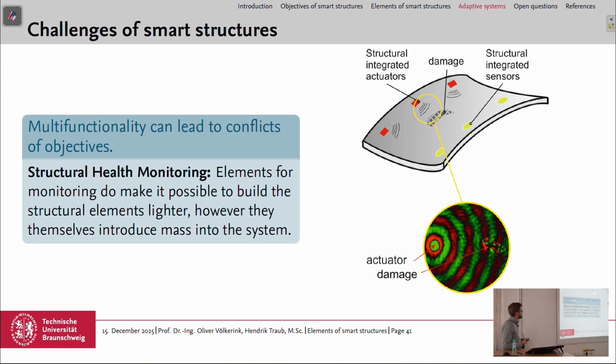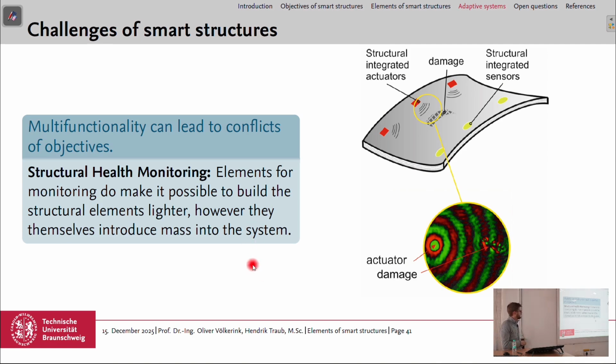Another trade-off or conflict in objectives is the multifunctionality. If you have a structure with an integrated structural health monitoring system, you can, at least in theory, build the structure lighter, because you know damages, and you don't have to have so much safety margin for the inspection intervals.